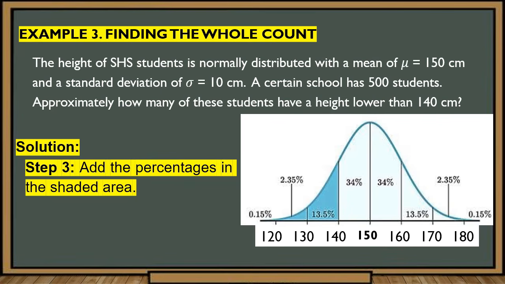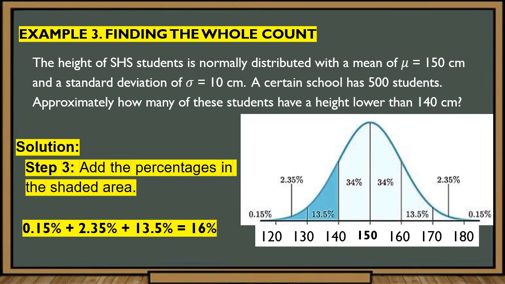So, by doing so, we have 0.15% plus 2.35% plus 13.5%, which is equal to 16%. You can check that by using your calculators. Therefore, the students who have height lower than 140 centimeters is about 16%.